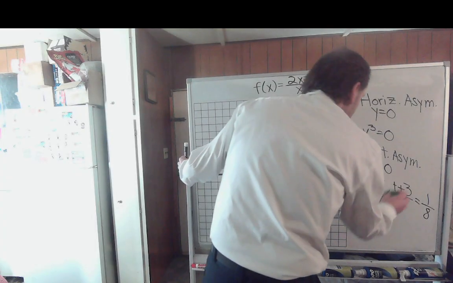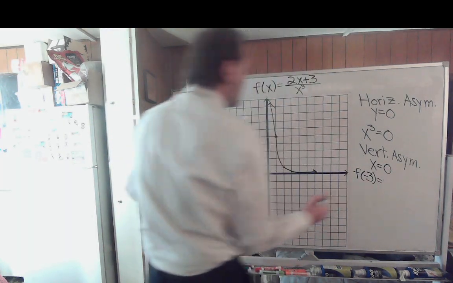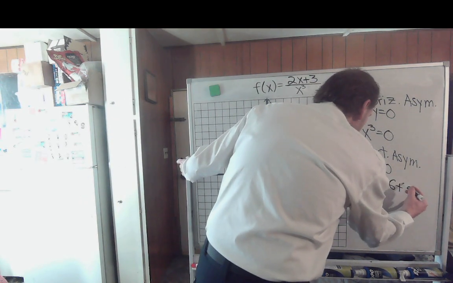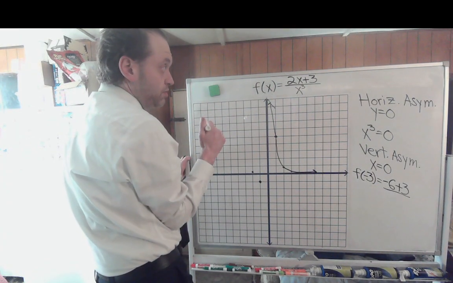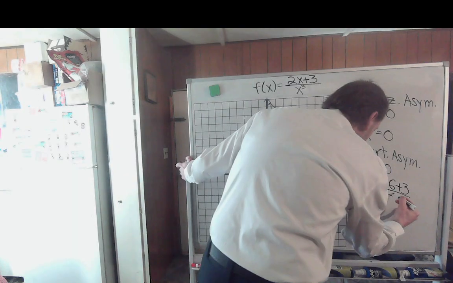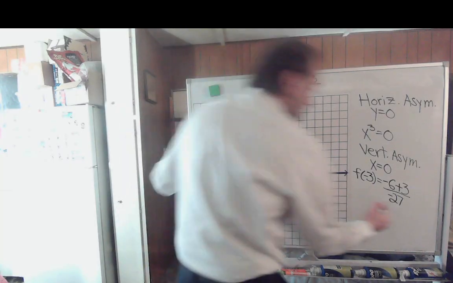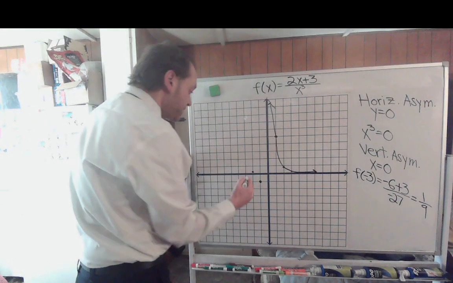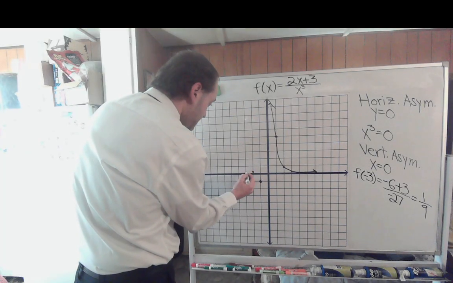Alright, let's pick -3. So what about when we get -3 for x? Well, 2 times -3, that's -6 plus 3, all over, what's -3 cubed? That's -27. This would end up giving you -3 divided by -27. That'd be positive 1/9. So at -3, you'll end up getting positive 1/9.